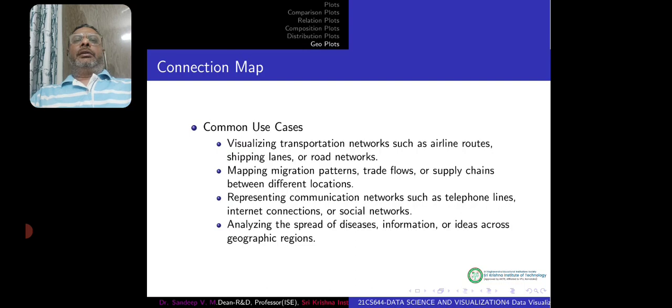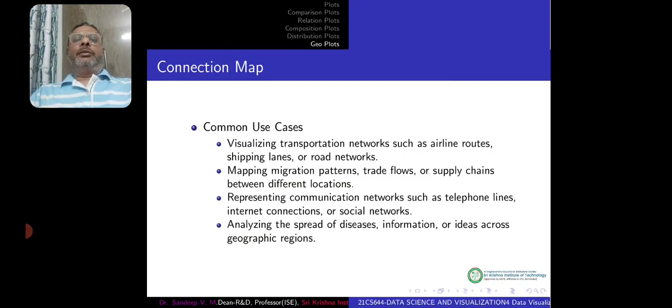If we look at the problems of the past few years, we were all talking only about COVID-19. The common use case was with a connection map, where we show how the disease is being spread. It started from one city in China, and then it moved to various parts of the world.